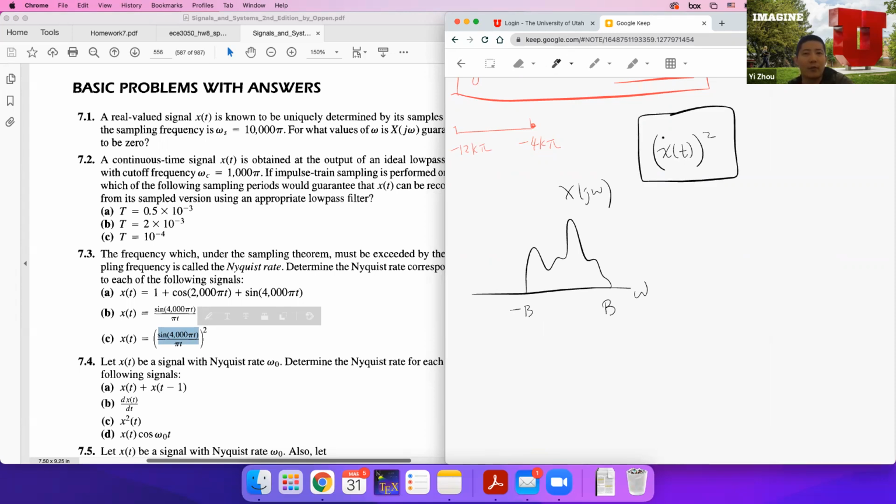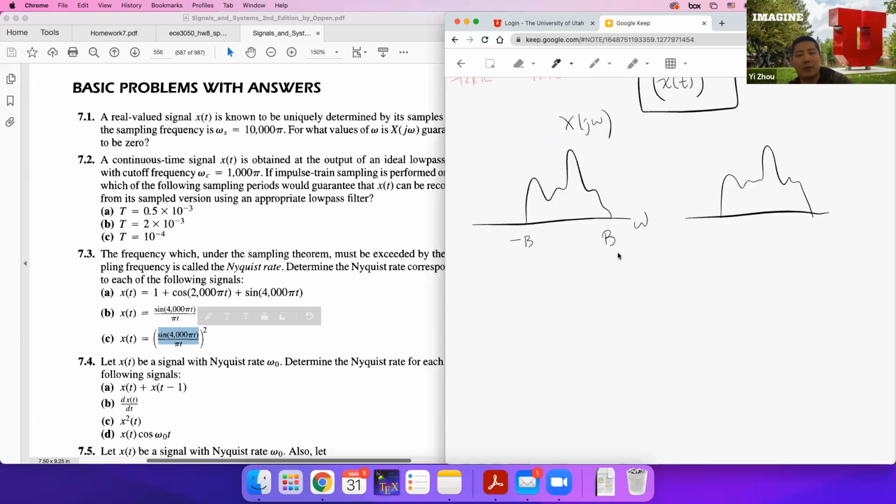Then for this signal, the resulting spectrum would be taking this spectrum and convolving it with itself. Now, after the convolution, you don't need to care about the specific convolution result. All you have to know is that by the convolution property, the resulting spectrum will span, in this case, 2 times the bandwidth.